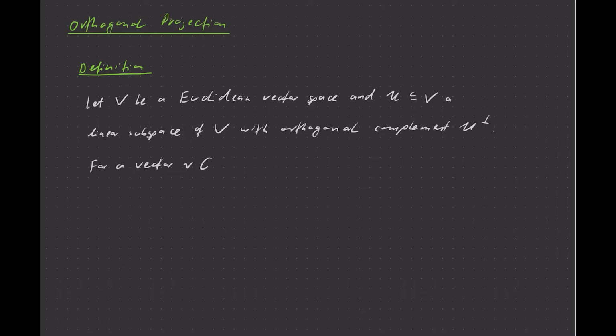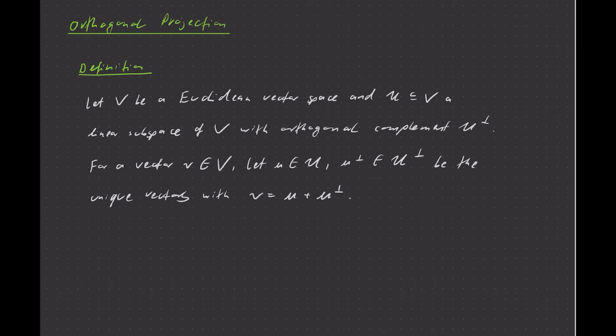So for a vector V in capital V, let U be in capital U, U ortho be in capital U ortho, and let those be the unique vectors with V equals U plus U ortho.